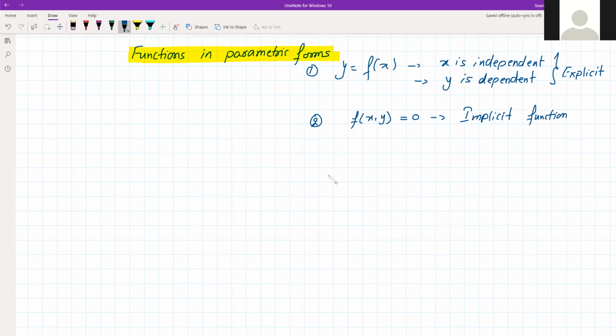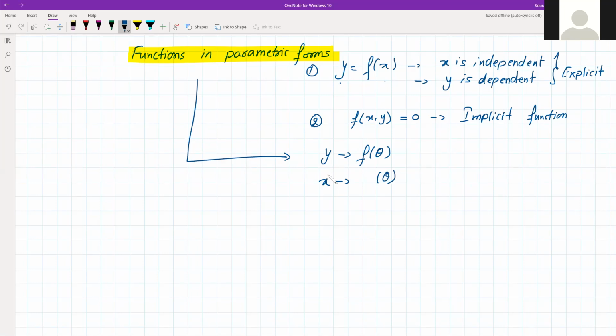Now there is a third form of functions, that is parametric form, where the two variables in question, for example y and x, are not directly related, but indirectly related. How? For example, we can have y as a function of theta and x defined as some other function of theta.